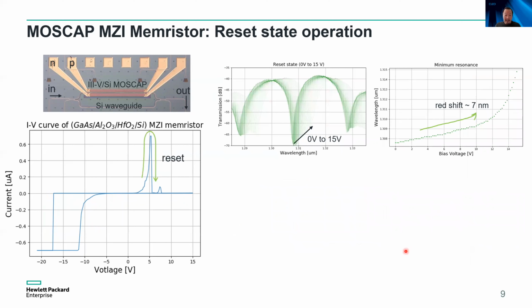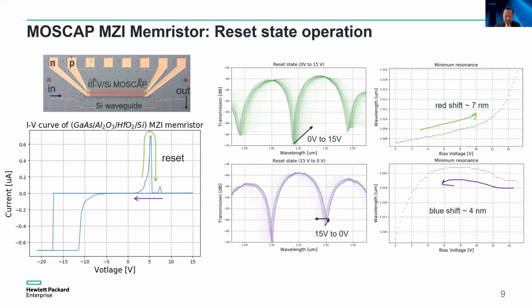In this slide, we make an attempt to reset the device with a positive voltage, going along the IV curve indicated by this green arrow over here. We see that we can electrically reset the device. Now in this reset state, the spectrum continues to redshift, and then it finally blue shifts by 4 nanometers, so nowhere near the original spectrum.